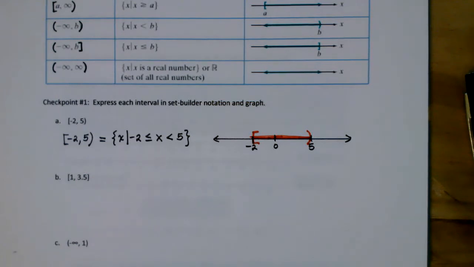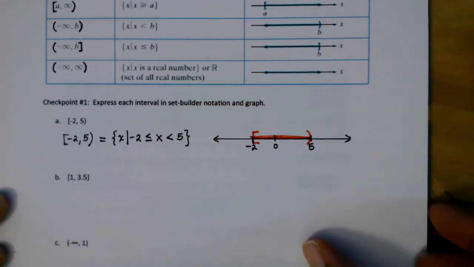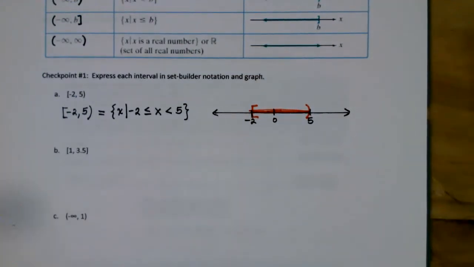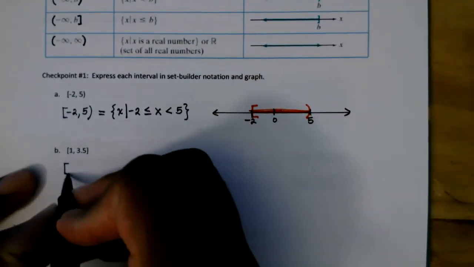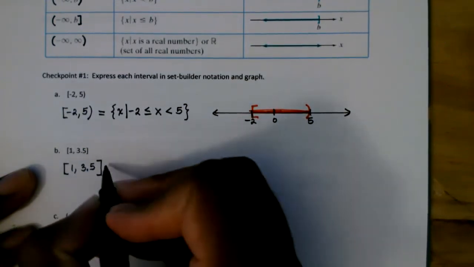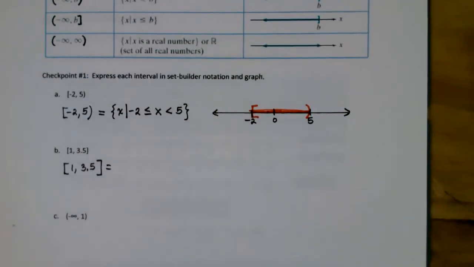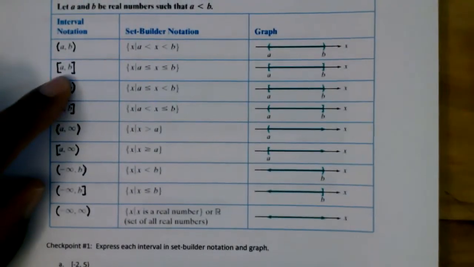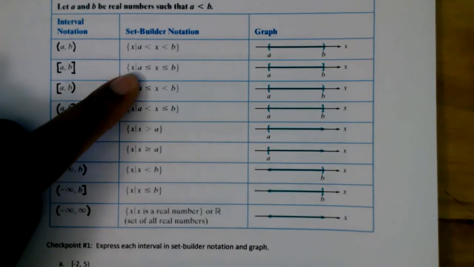All right, now the next example is 1 and 3.5. And notice that it has brackets there. 1 comma 3.5 has brackets on both of them, so it's going to be the second one. And it's going to be this set builder notation right here, where you have both less than or equal to symbols.